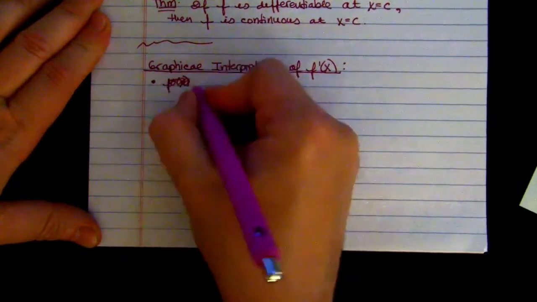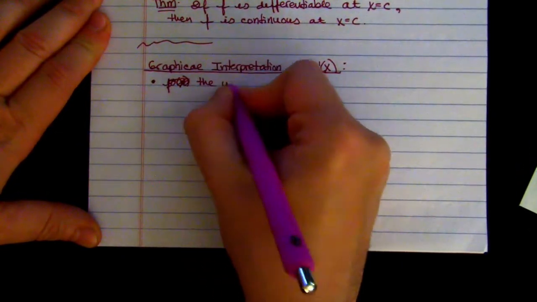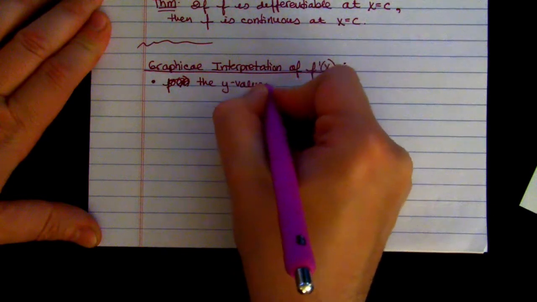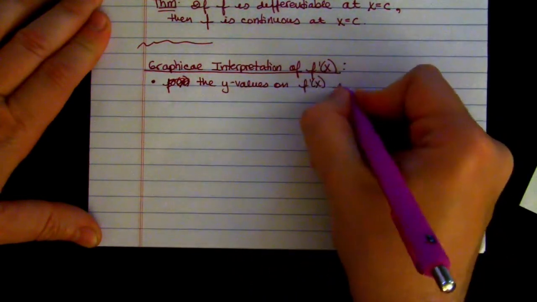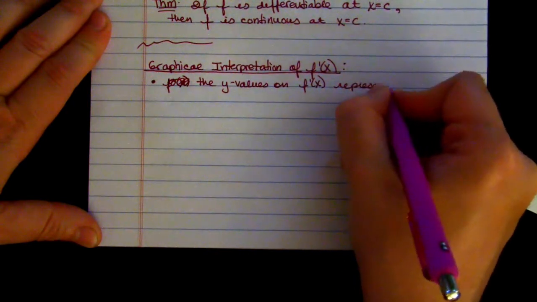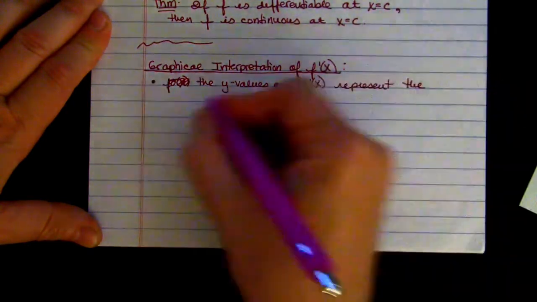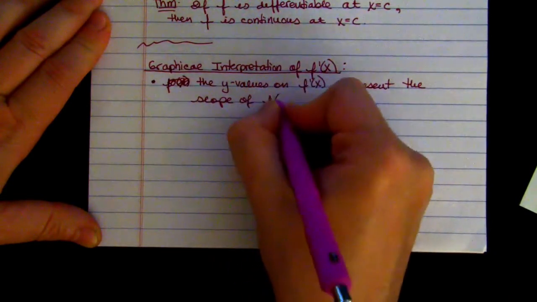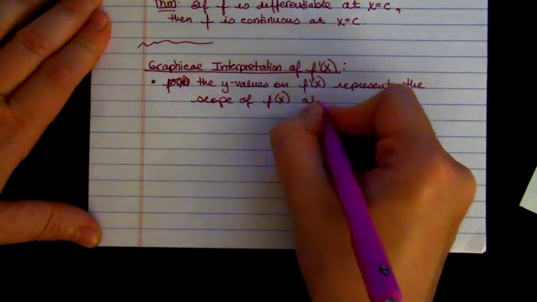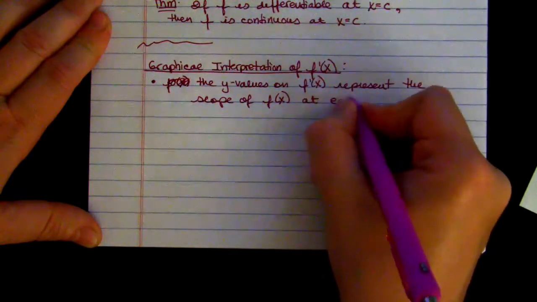Let me try that again. The y values on f prime of x represent the slope of f of x at each x value.